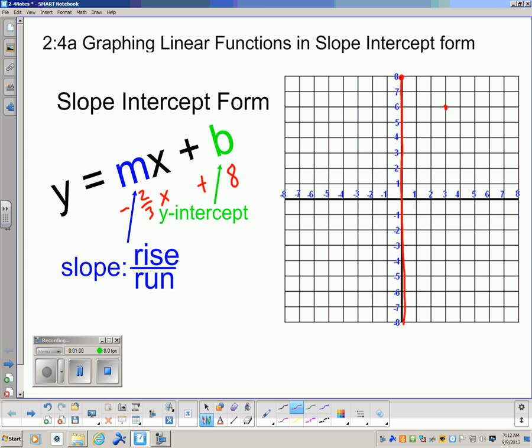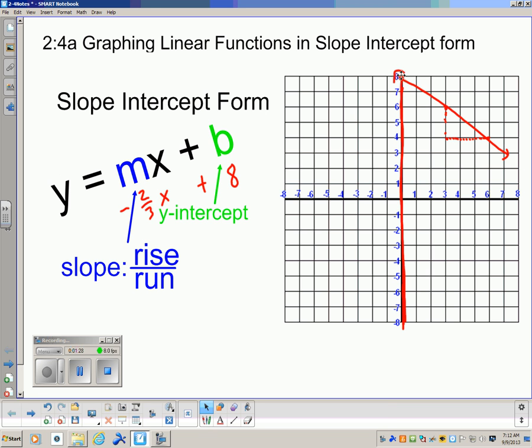One of them is positive and one's negative. I usually put the top one to be negative and the bottom one to be positive there. And then you could keep doing that. You could come down 2, and then 1, 2, 3, and connect your points. And there's my graph.